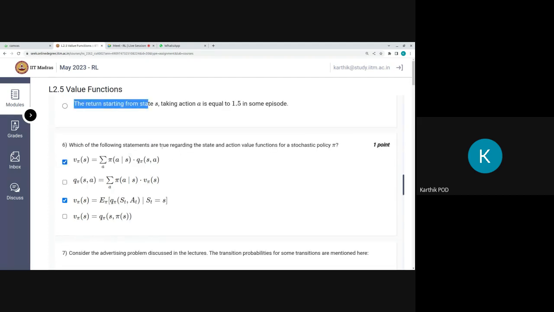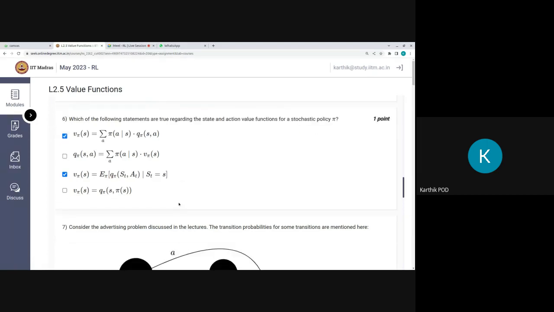Now, which of the following statements are true regarding the state and action value functions for a stochastic policy pi? Any questions in this? This is just the definition basically. So you know the action value function, right? Now this is just how probable it is that you will choose action A from state S. That is the policy, right?